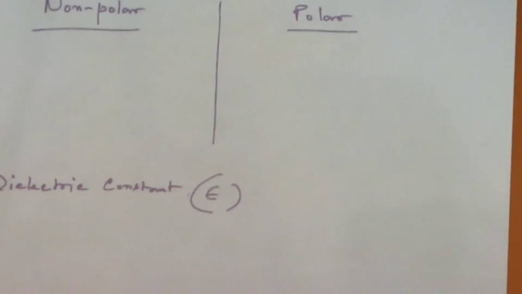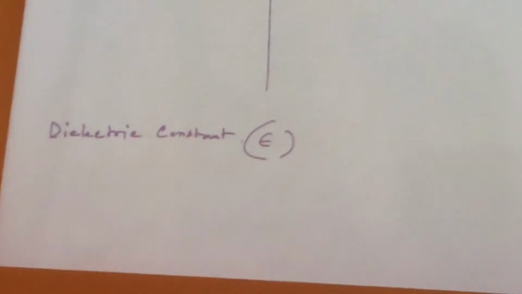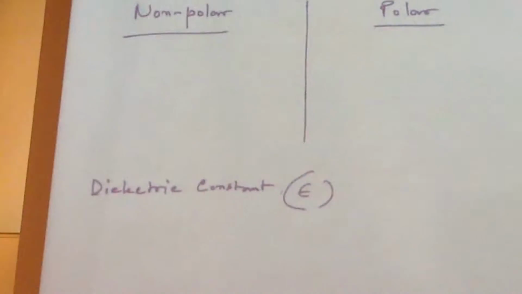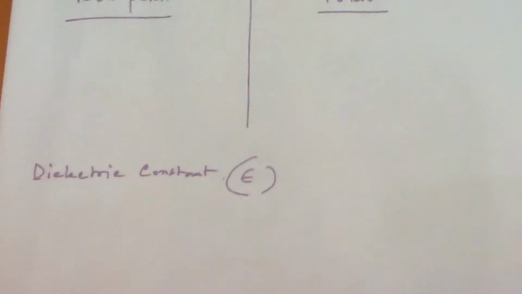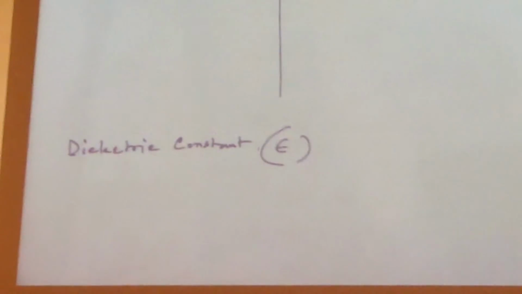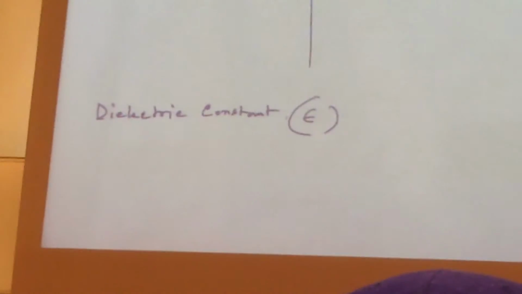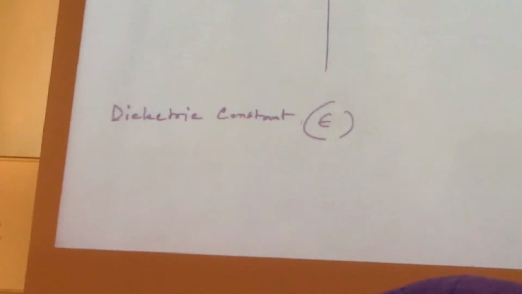The dielectric constant is often used to give you a numerical measurement of the polarity of a solvent. And what it really means is, if you have a polar compound, how efficiently the solvent can interact with it. That is what is determined in the dielectric constant.